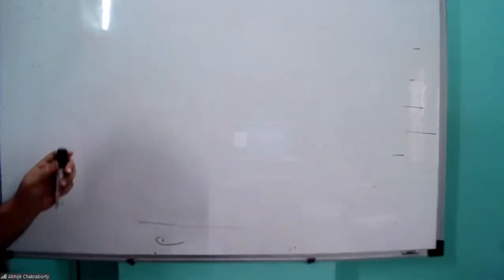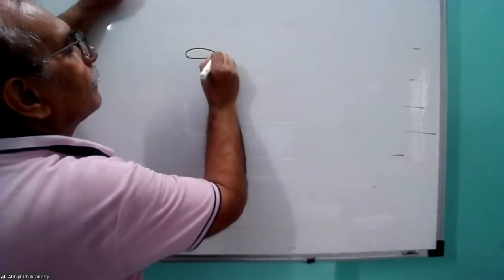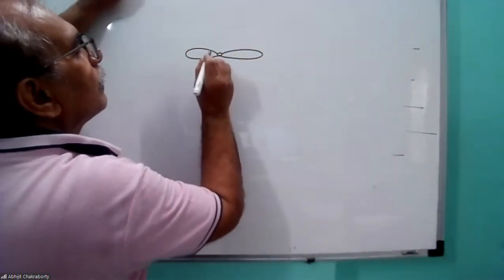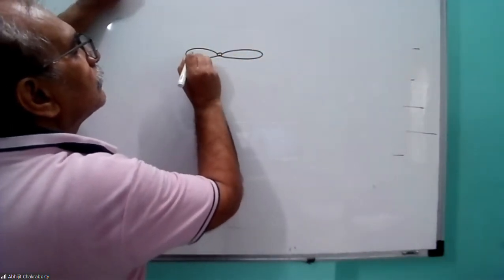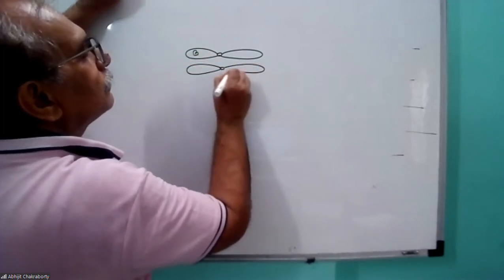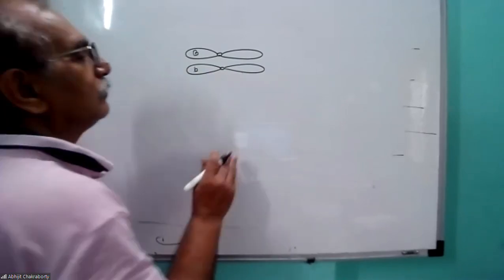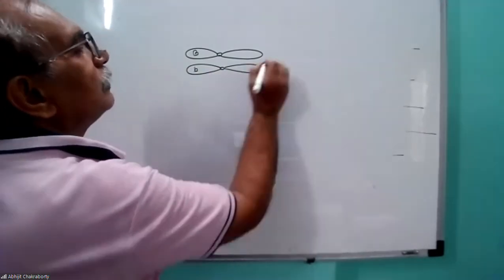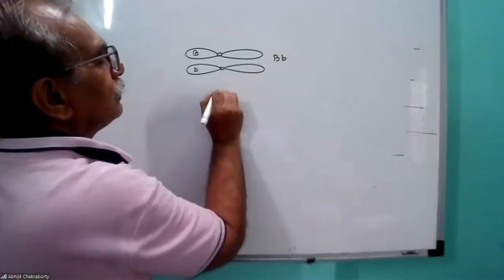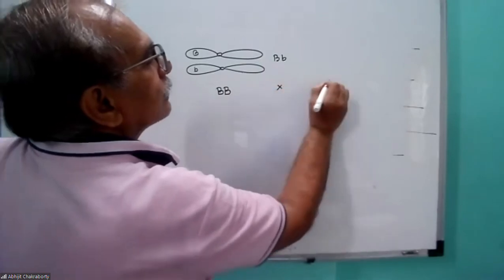Sometimes you see, look, there are two alleles, capital B and small b.